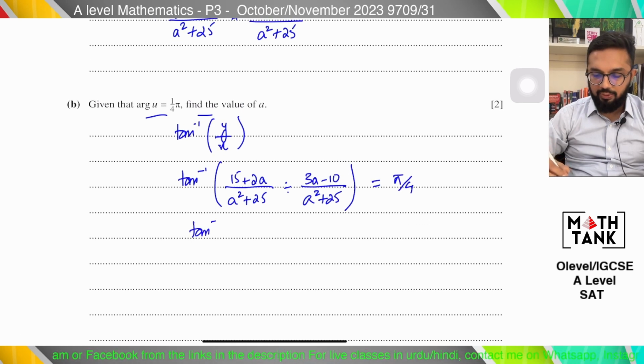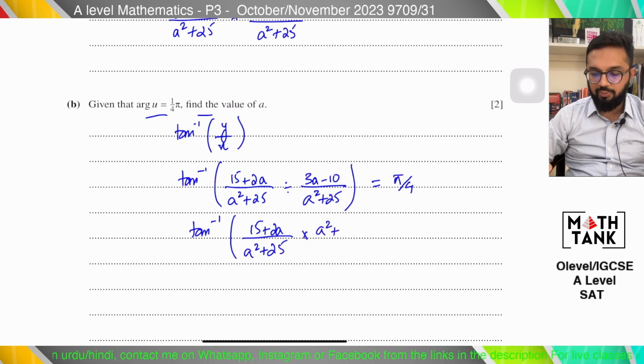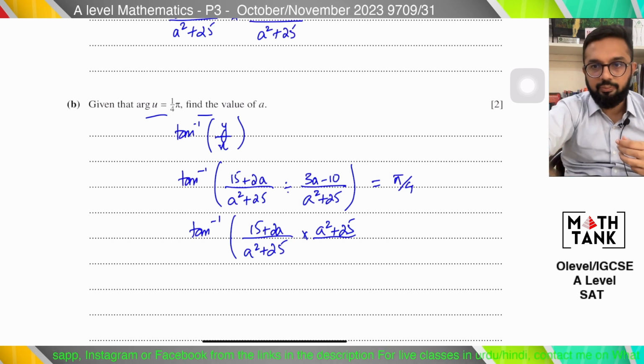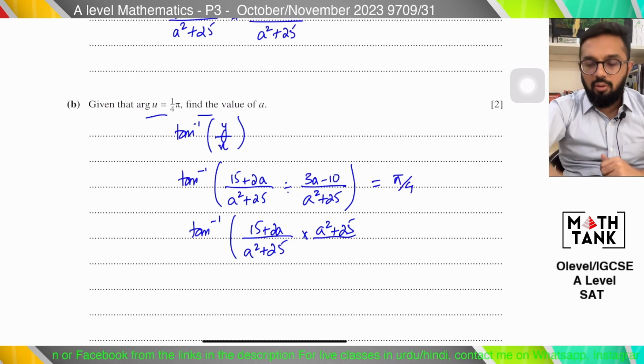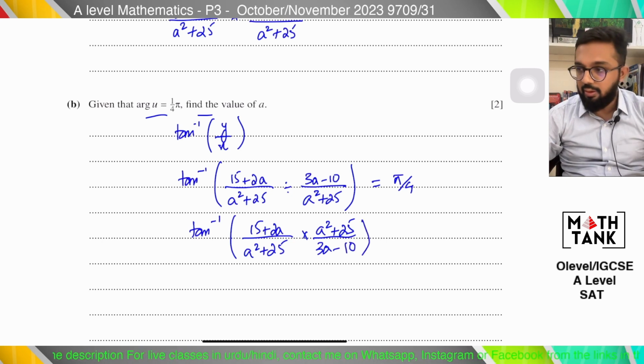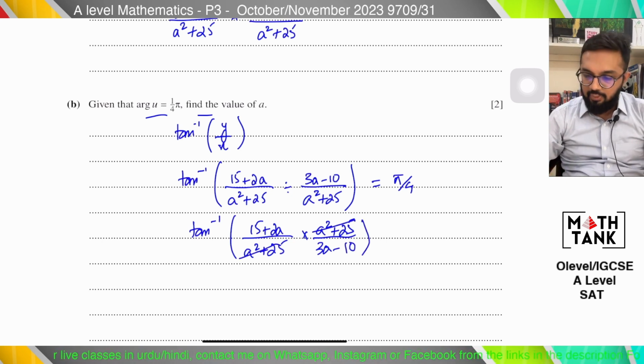So tan inverse of 15 plus 2a over a squared plus 25, multiplied by a squared plus 25 over 3a minus 10, equals pi over 4.